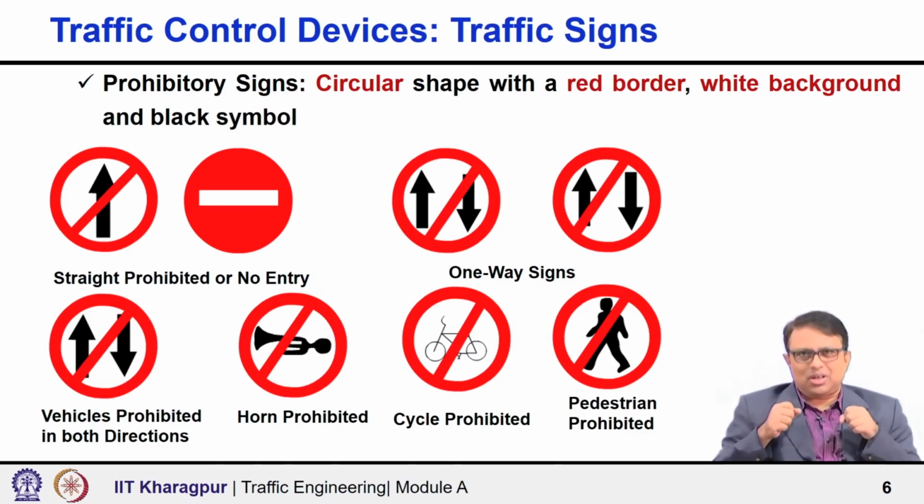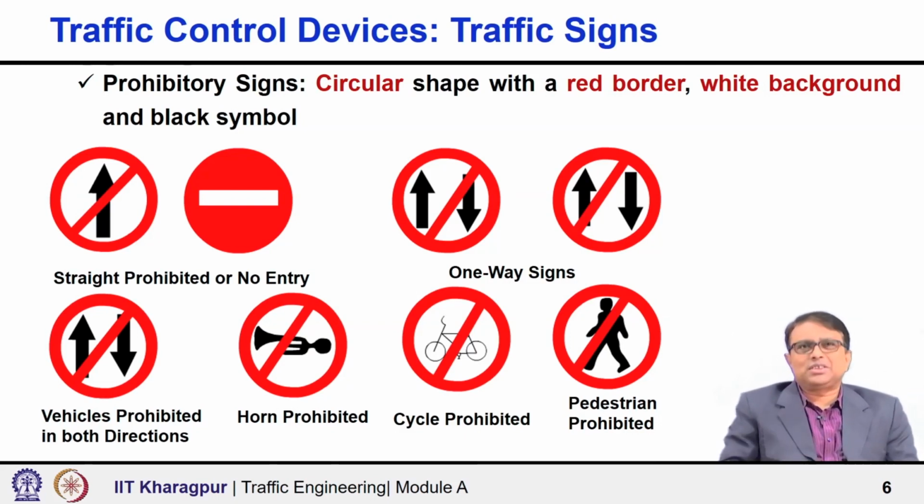So, if you are approaching in your vehicle and you see such a sign, that means you know that you cannot go straight. Similarly, I am showing a one way sign, where movement is not allowed, the cross is there on that.